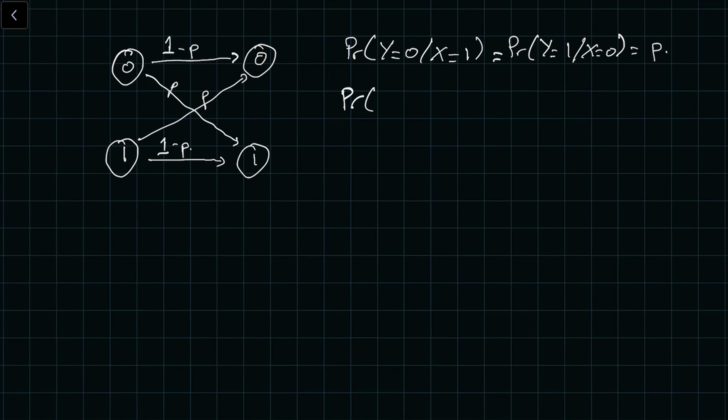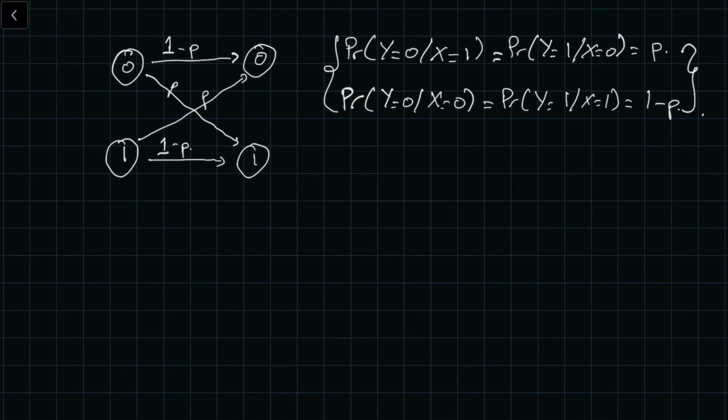And the probability of success, I transmit and receive a 0, and I transmit and receive a 1, is 1 minus p. This is what people call, in information theory, BSC, which stands for binary symmetric channel.